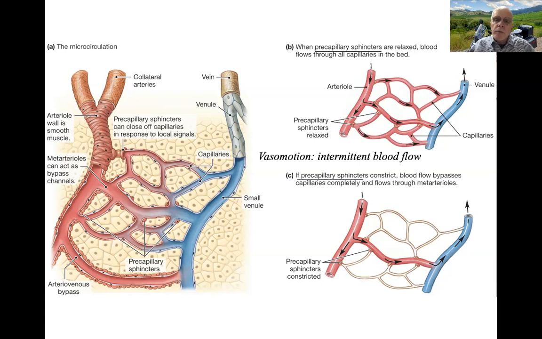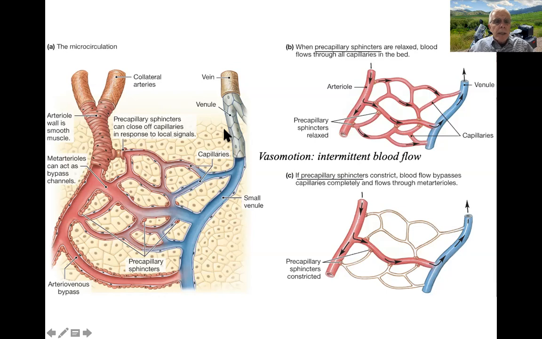They just go through single file. The venules begin to get larger and larger in diameter. They start to acquire smooth muscle and more connective tissue, in which case we classify them as veins. But it's a gradual transition between the capillaries, the venules, and the veins.